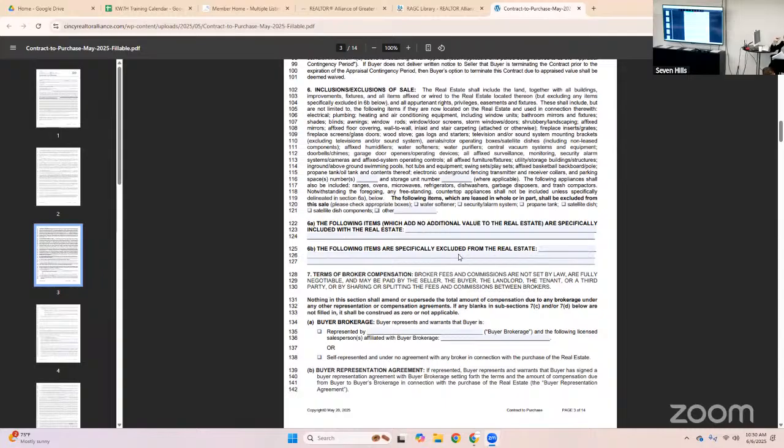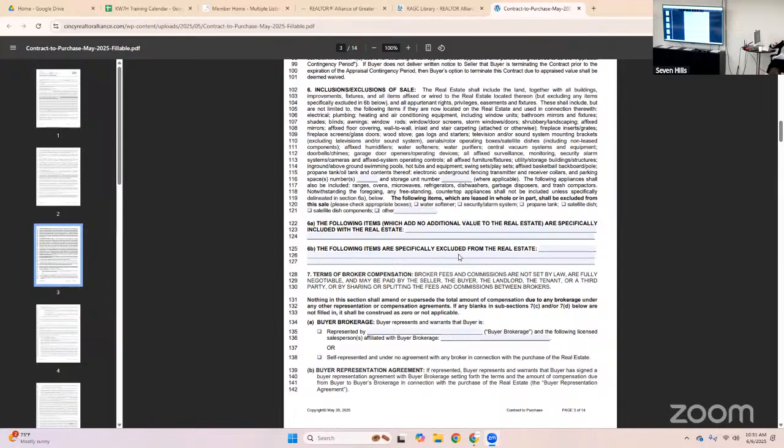Remember that just because an MLS listing offers something, let's say it's offering all appliances, if you don't identify in here that you want to include them, they can take it with them. If something is listed but you do not make sure it's in section A, section 6, then they can take it if you don't have it in this contract, because this dominates everything else that's been written.